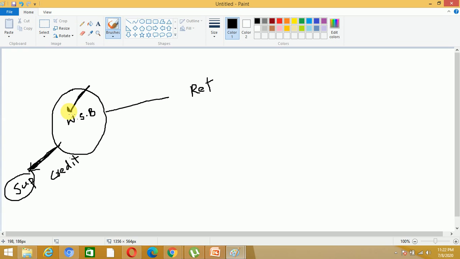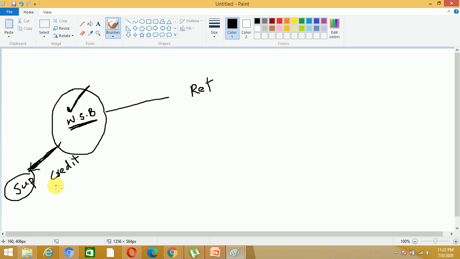They will check the income statement, the balance sheet, and the cash flow position. So the first users of financial statements are trade creditors.